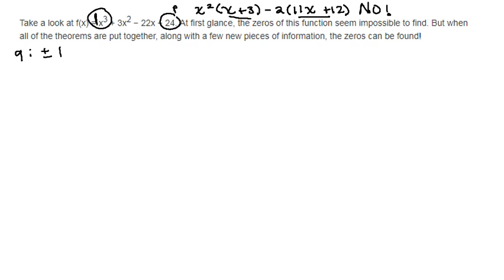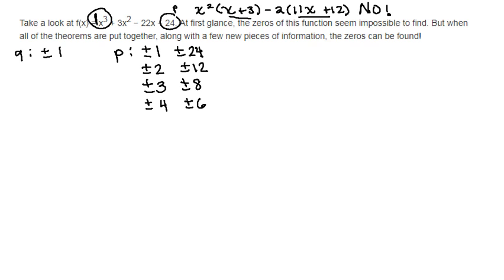P is negative 24, so it has a lot of factors. It has plus or minus 1 with plus or minus 24, plus or minus 2 with plus or minus 12, plus or minus 3 with plus or minus 8, and plus or minus 4 with plus or minus 6. And those are all possible factors.